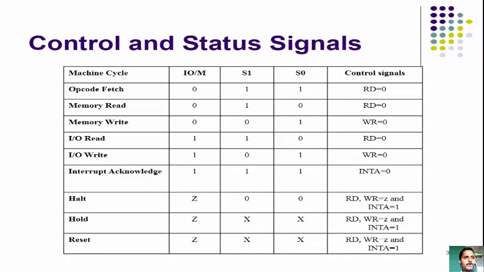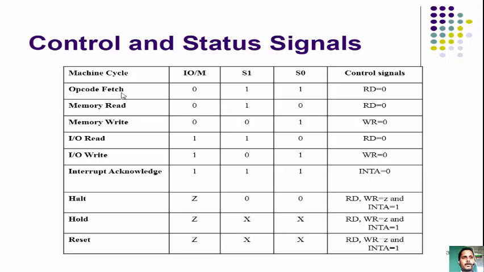As I said a few minutes before, the combination of the IO/M bar signal and the status signals will give you detailed information about the operation performed by the microprocessor. In this table we can see the machine cycle, IO/M bar signal, S1 signal, S0 signal, and control signals used during that particular cycle.